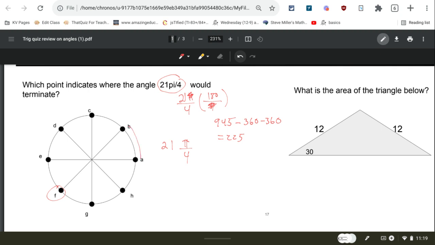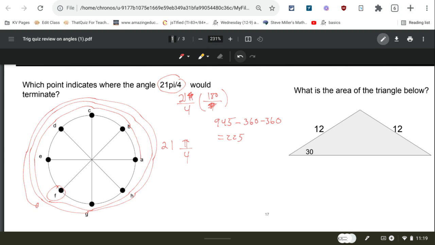So it would be like, this is pi over 4, 2 pi over 4, 3, 4, 5, 6, 7, 8, 9, 10, 11, 12, 13, 14, 15, 16, 17, 18, 19, 20, and 21. All right. Each one of those little 45-degree angle rotations was pi over 4.